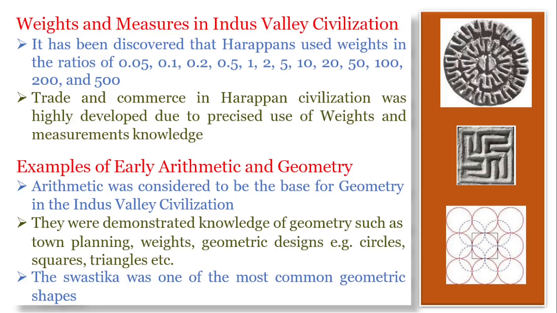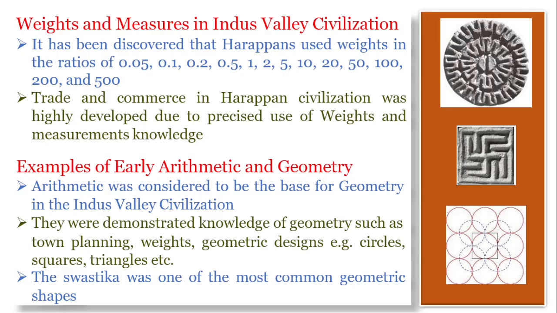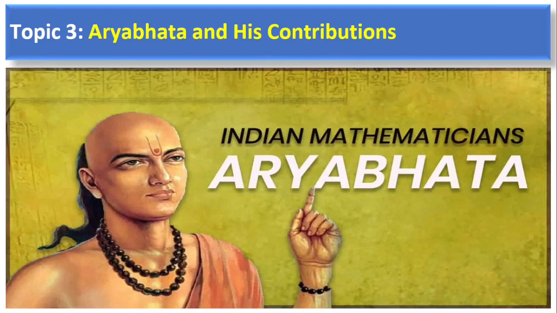So that tells us how aware they were about geometric constructions, and also some geometric figures, such as the swastik, as we call it nowadays, which was found at that site. So even there was some progress in terms of geometry. This is about the Harappa civilization.